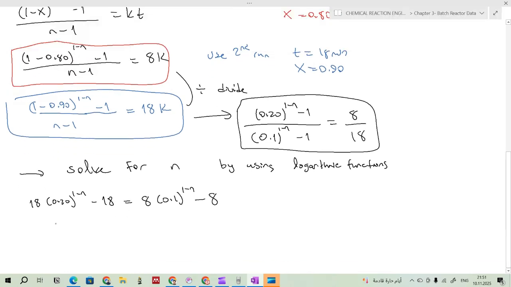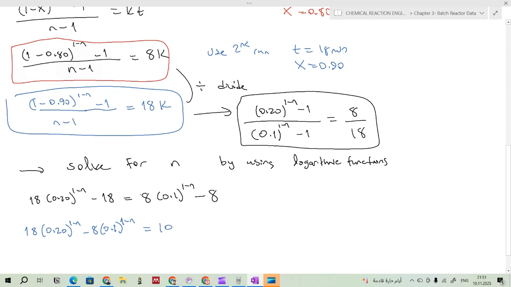So we can rearrange this by sending the constant to the other side. So you have 18 times 0.2 to the power 1 minus n, minus 8 times 0.1 to the power 1 minus n, is equal to, if you send this to the other side, you will have 10.